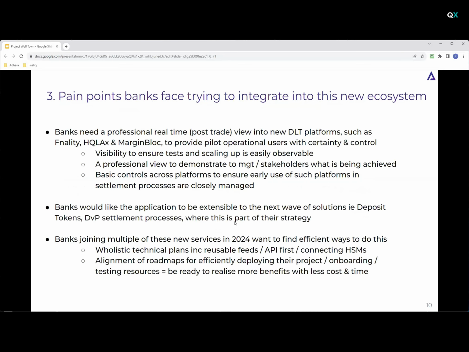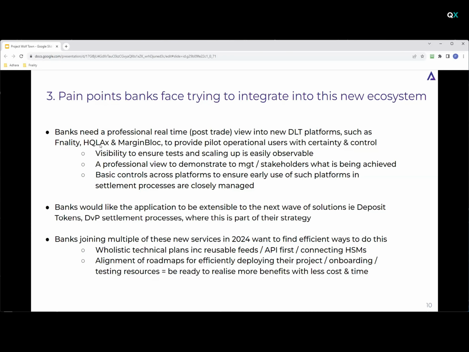I think we'll make these slides available, so I'm not going to go through all of this, but effectively banks are needing a professional and real-time post-trade view into these new digital ledger platforms. Some examples: Finality, which is a consortium of banks that is focused on private issuance of central bank-backed wholesale cash on blockchain.